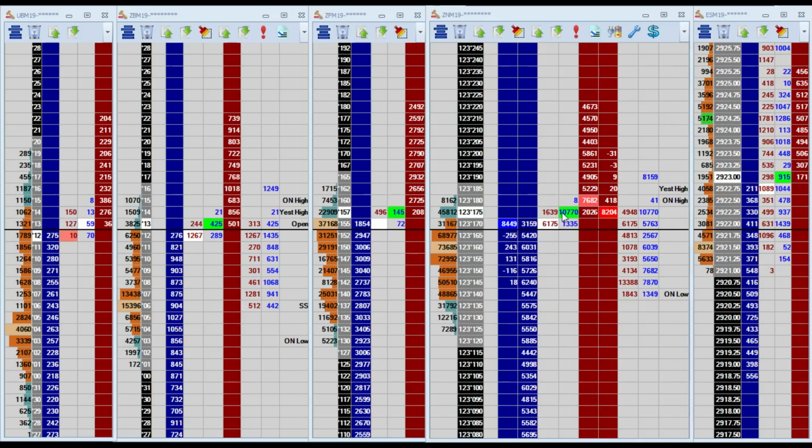What we kind of like to see is what we might have seen already, which is where this just gets slapped down a couple ticks, and then you get a retest, and that's when you want to try to enter to push this back down. So that's kind of what we're looking at as of right now.